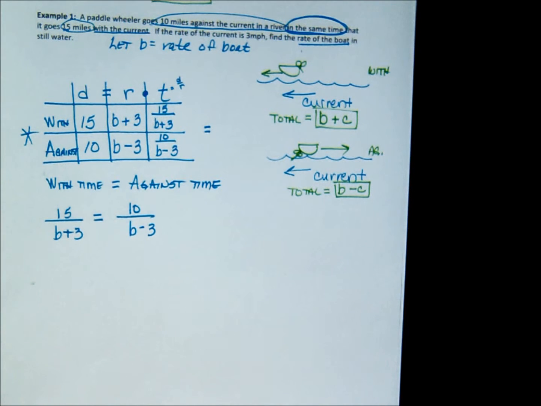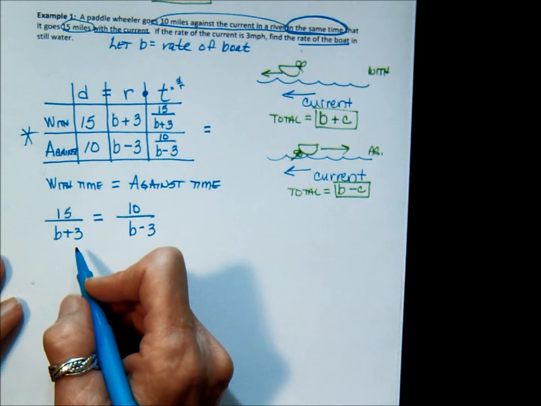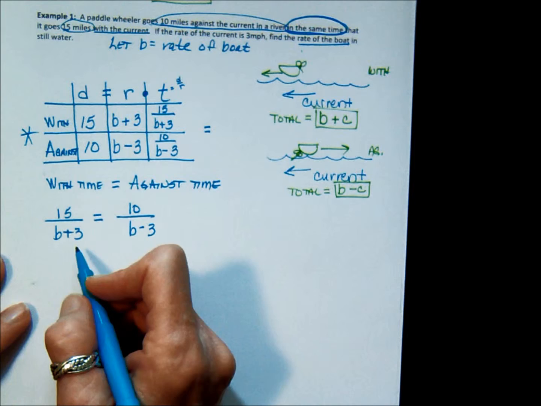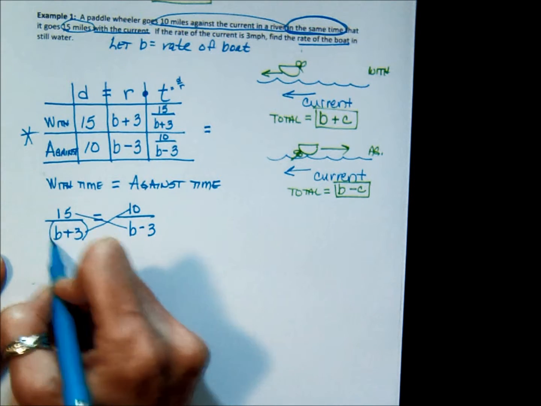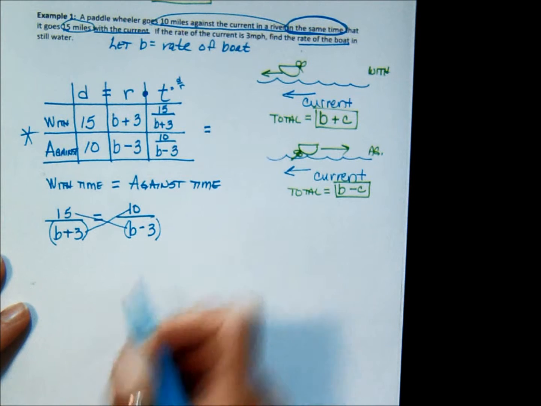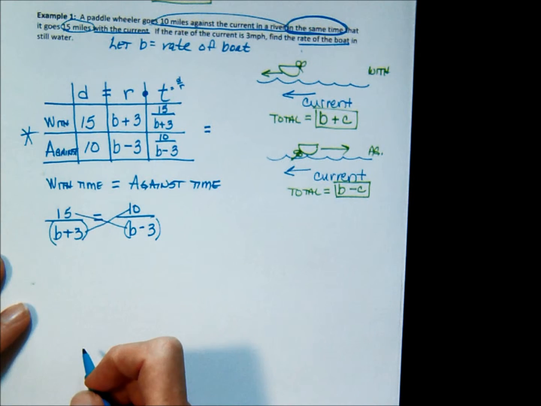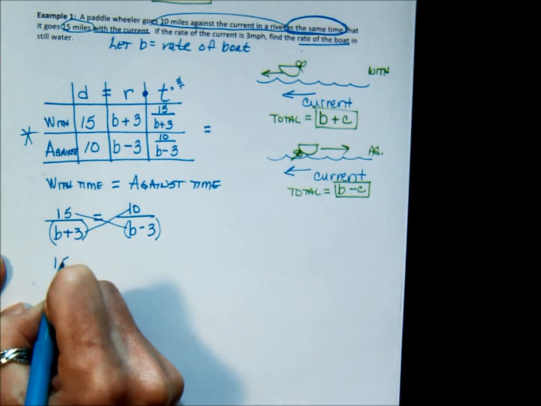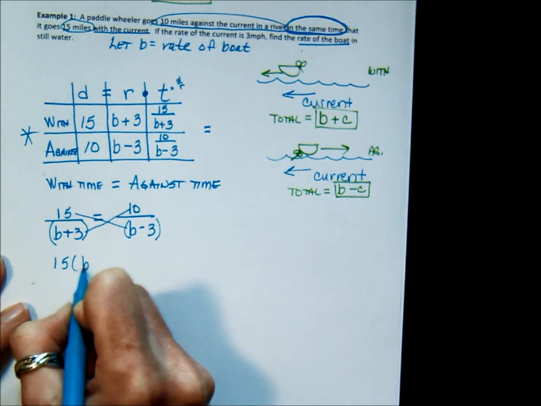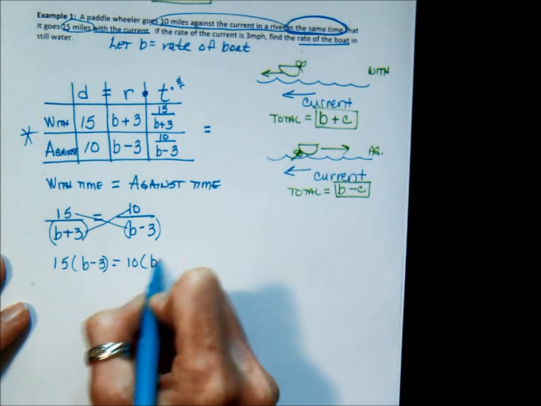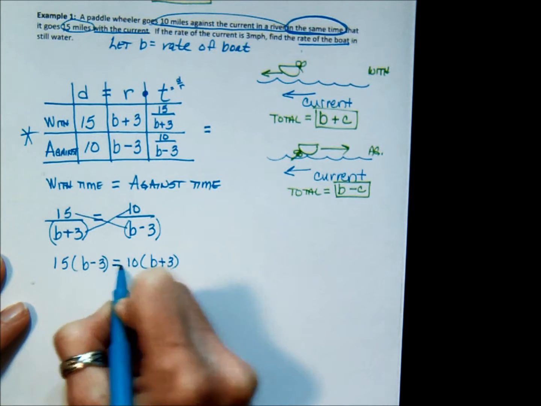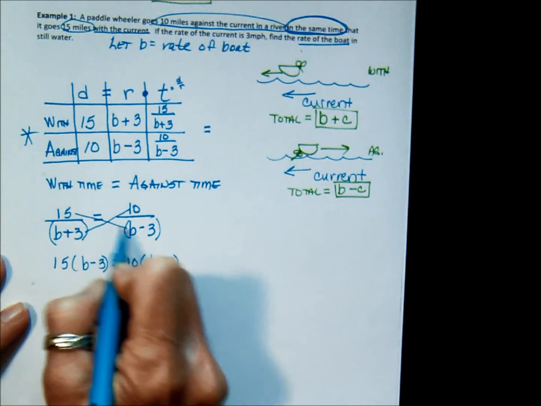And now what I have is a proportion. So this is similar to the application problems using proportions. It's just the setup took a lot longer. We're going to use our cross products, being very careful to know that we're going to be distributing. So I'm going to put parentheses there. So 15 times b minus 3 is equal to 10 times b plus 3. Those are just my cross products.